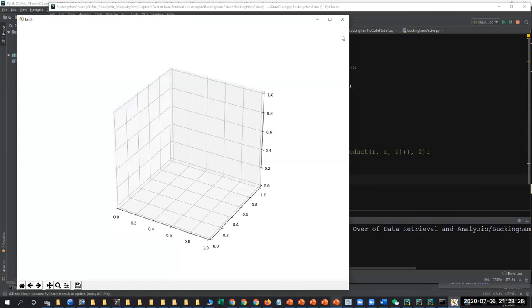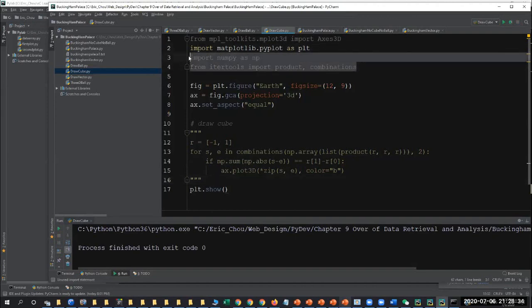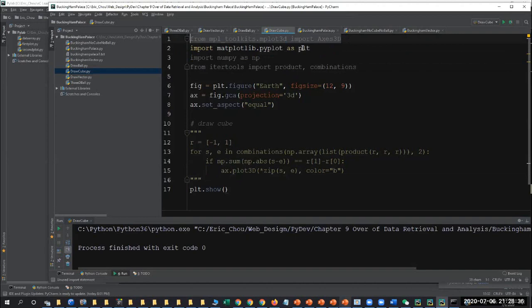So if you want to draw a 3D space, you pretty much import this. When it becomes gray, it means not used. So you just need to import this matplotlib pyplot, and then create a figure and then projection to be 3D and set axis. That's it. That's all you need. You don't need to create this cube.